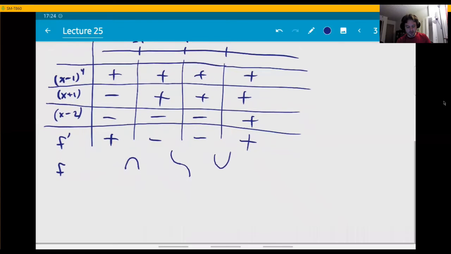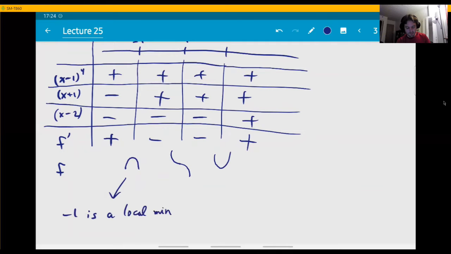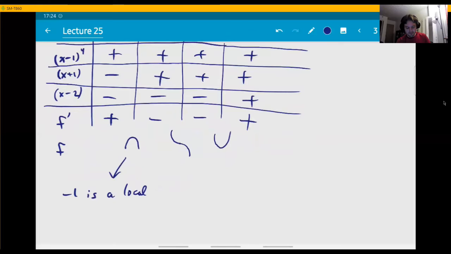So you can see from here that minus 1 is a local minimal, sorry, maximal, because this is shaped like a peak. This one, which is the point 2, is local max. Sorry, I keep saying the wrong word.